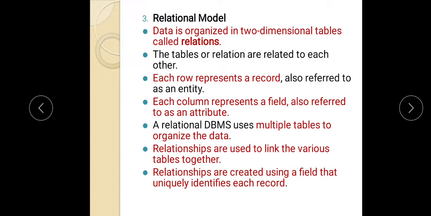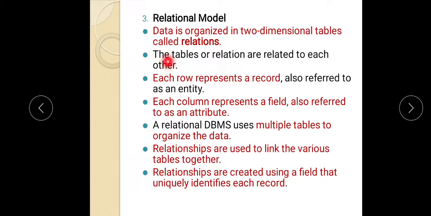Don't confuse it with relationship. A relationship is the association between two or more tables. Relation means table, which is why it is called a relational model.